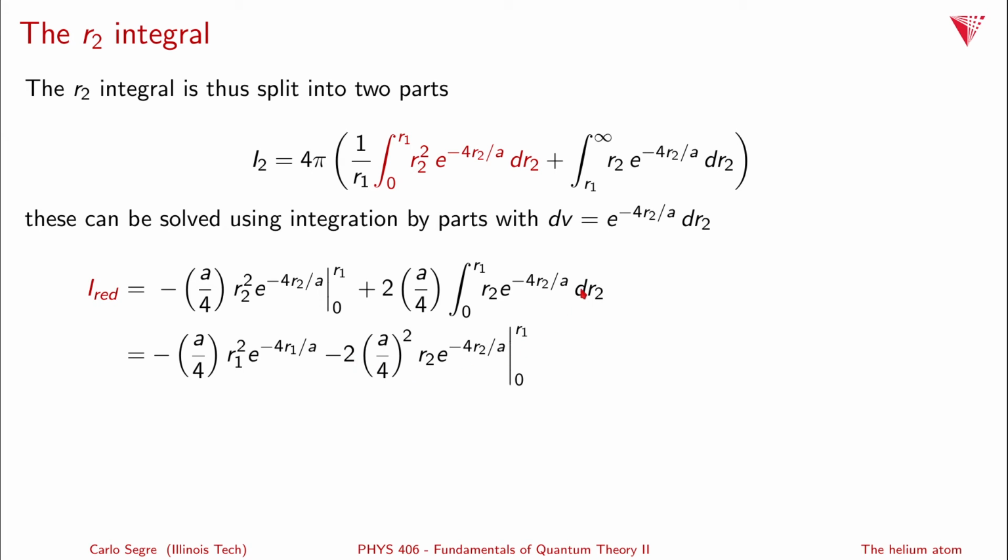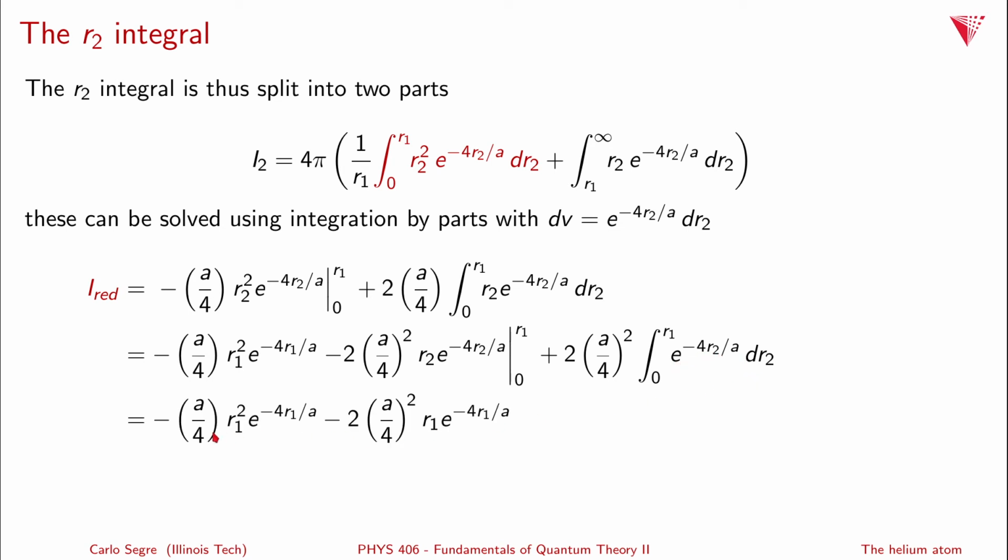The second term, once you do that integration by parts again, you get minus 2 times a over 4 squared r2 e to the minus 4r2 over a evaluated from 0 to r1, plus finally 2 times a over 4 squared times the integral from 0 to r1 of e to the minus 4r2 over a dr2.